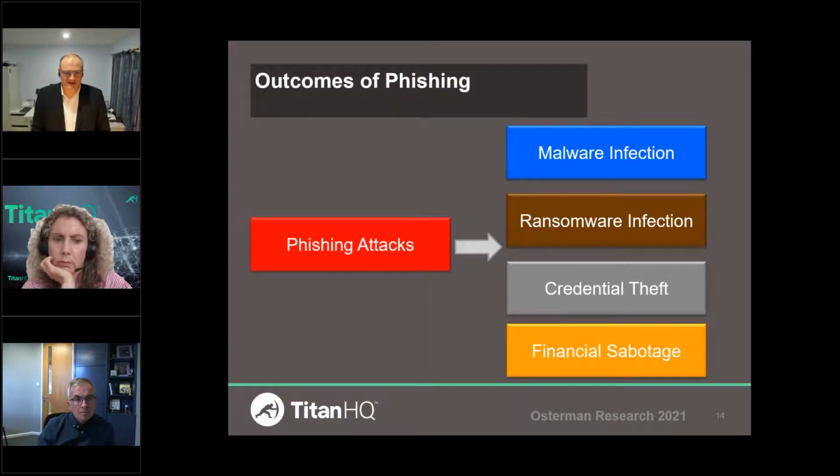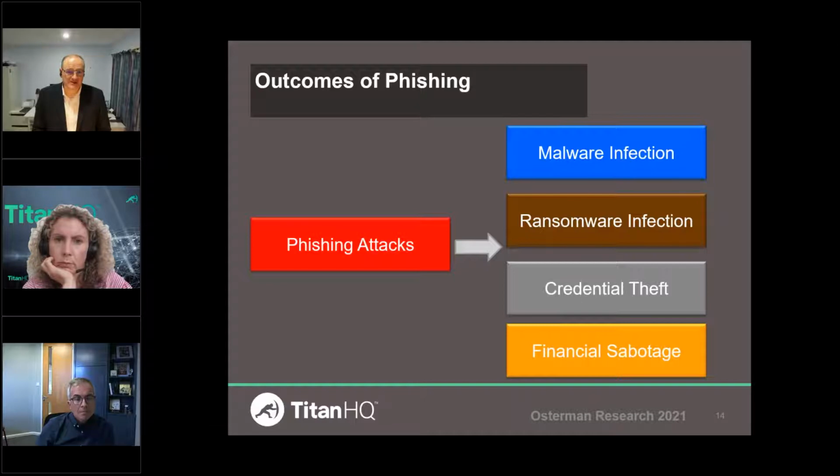In terms of the outcomes of phishing, there's a series of those, from malware infection. For example, if someone clicks on a link in a phishing email and then visits a web page, malware can be downloaded and installed on their machine. That could also be a ransomware foothold for a cyber threat actor inside an organization.